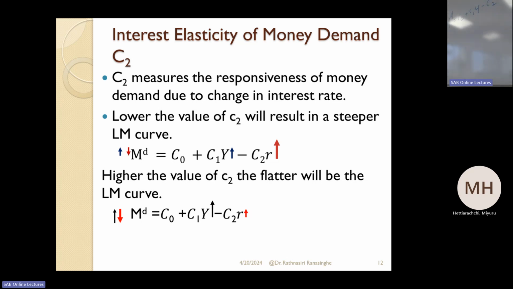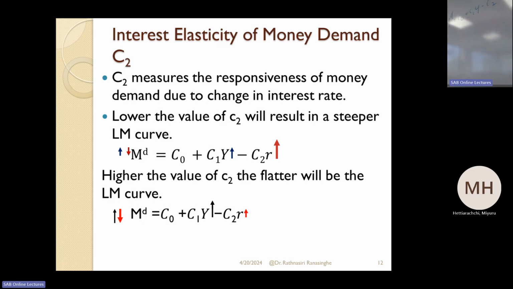There will be a lower percentage decline in money demand under the transaction and precautionary demand. A faster rise in the interest rate will reduce the money demand by a smaller proportion because C2 is low.